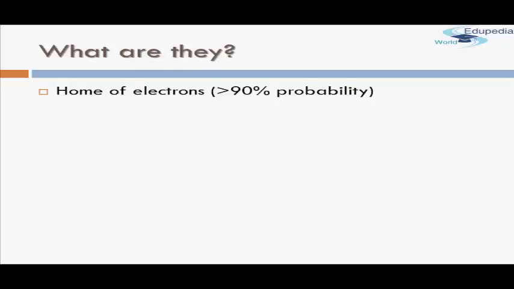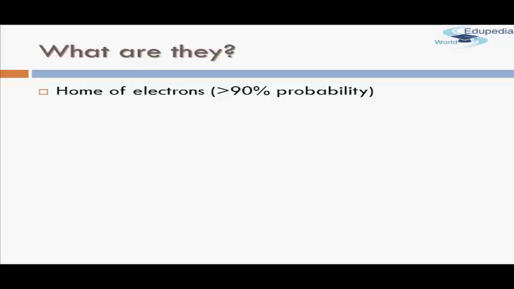It means that the probability of finding the electron in that region of space is more than 90%. If you remember, in quantum model, the electron can be present anywhere from origin to infinity. So what is the region where it is likely to be present most, and what are the regions where it is least likely?